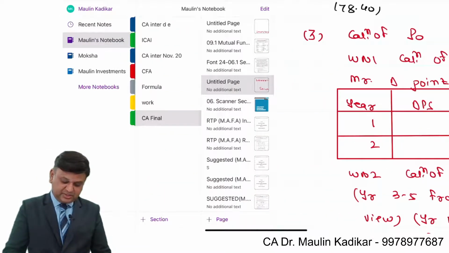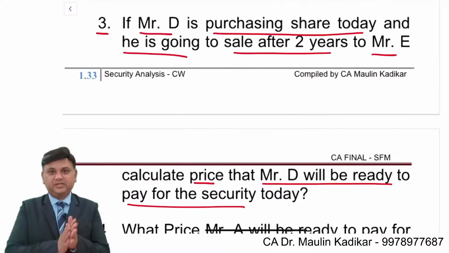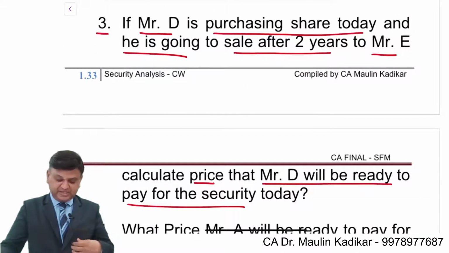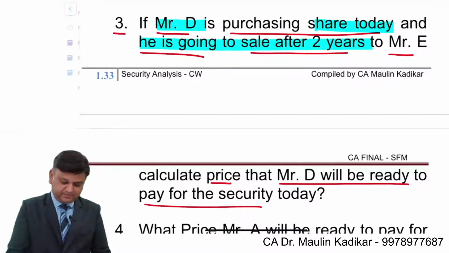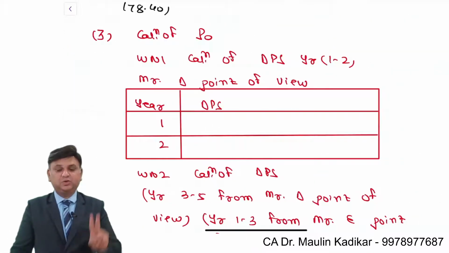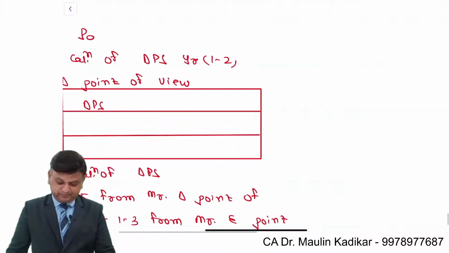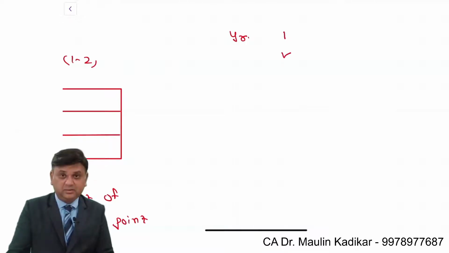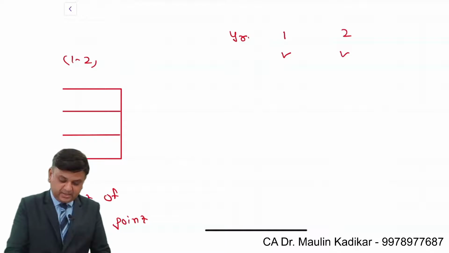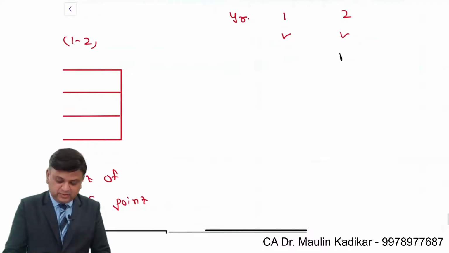In the third question, let us see how to make the calculation of the answer. The question says Mr. D is purchasing the share today and he is going to sell after 2 years. Means Mr. D is going to hold the security for 2 years. Can we say he will receive dividend in the first year, dividend in the second year, and at the end of year 2, he will receive P2?